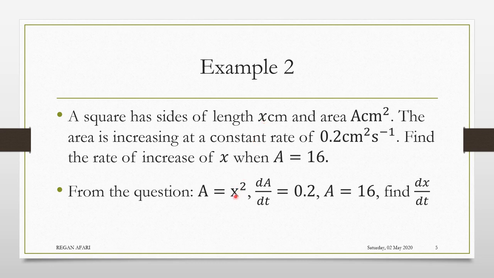Then we are told that this area A is increasing at a rate of this per second. That tells you it is dA/dt, and dA/dt is 0.2. They said the area is 16. We are supposed to find the rate of increase of x, so we are looking for dx/dt.